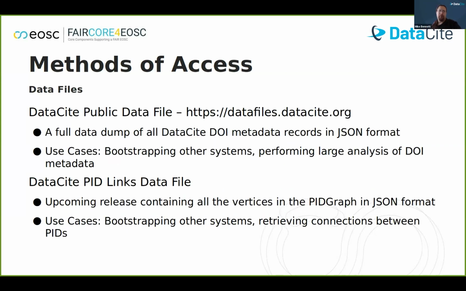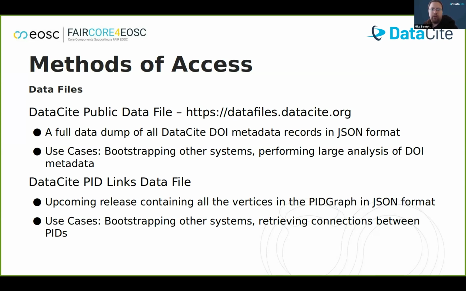On top of this, we have data files. As Andrea mentioned with the SKGIF, one of the outputs from that group is looking at defining formats for how we exchange large quantities of data between knowledge graphs without the need to make repeated API queries or large API queries.